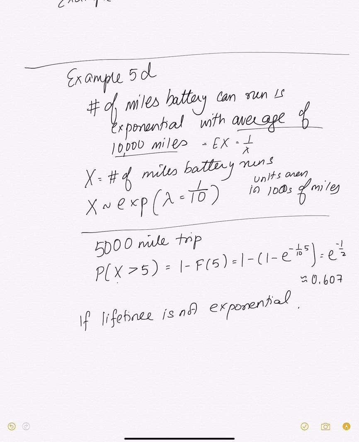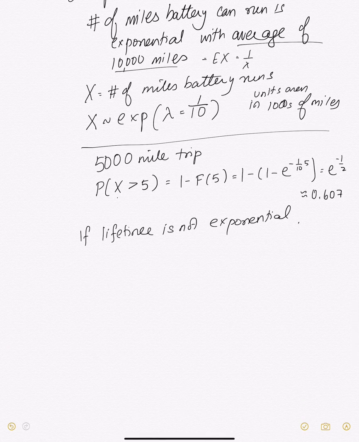Okay, if it's not exponential, then it does depend on how long you've run the battery so far, right? So then you're asking yourself, well, the battery's running right now. Let's say right now, the time since the battery was new is t.